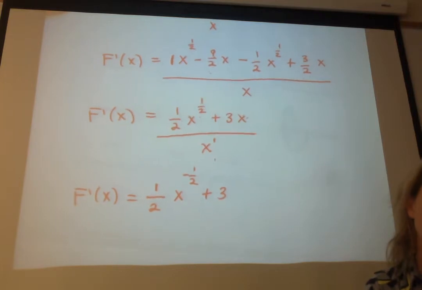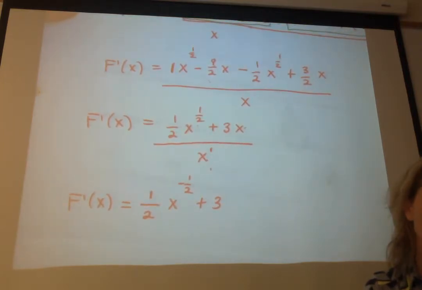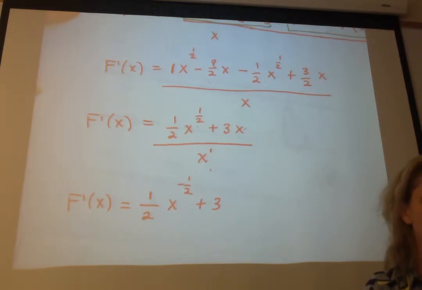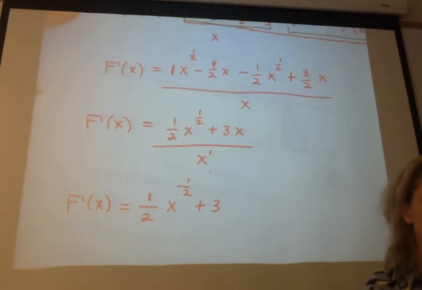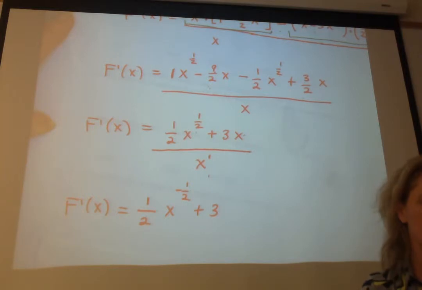Oh, do I have a minus there? What did you get on the first one? How did we end up with a negative? I think it was the fractions, the 9 halves. Oh.